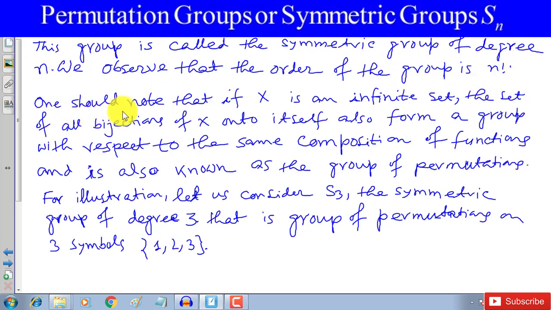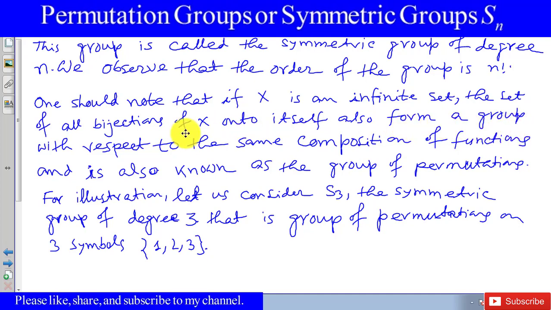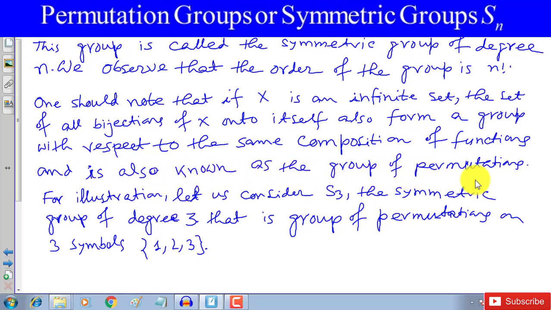One should note that if X is an infinite set, the set of all bijections of X onto itself also forms a group with respect to the same composition of functions and is also known as the group of permutations.